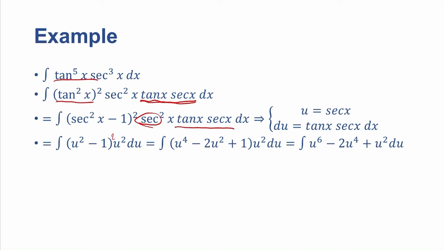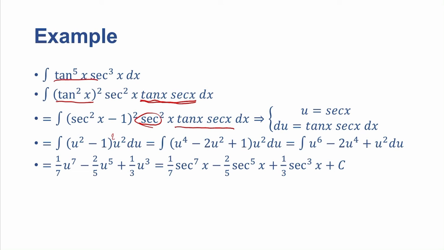Now we apply that reverse power rule, giving us 1/7 u to the 7th minus 2/5 u to the 5th plus 1/3 u cubed. Substitute back in our secants. That gives us 1/7 secant to the 7th of x minus 2/5 secant to the 5th of x plus 1/3 secant cubed of x plus c. That is our solution for this next example.